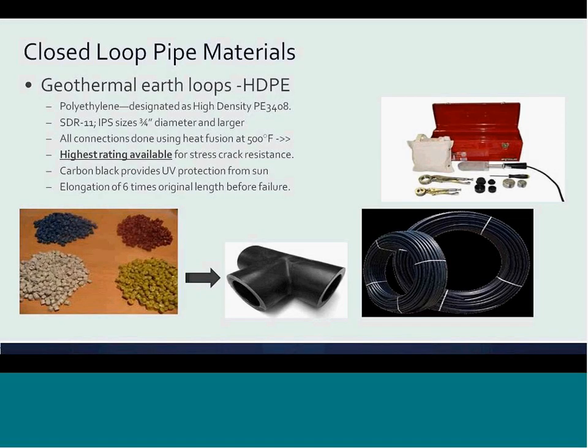One of the notes on that polyethylene is that typically it has a 50 to 55-year warranty once it's in the ground. And the sixth bullet point on that is you can stretch that high-density polyethylene feet before you see any failure. And the fusions of the pipe are actually stronger than the pipe itself. So it's very durable. But those pellets are the virgin form of the pipe being made.